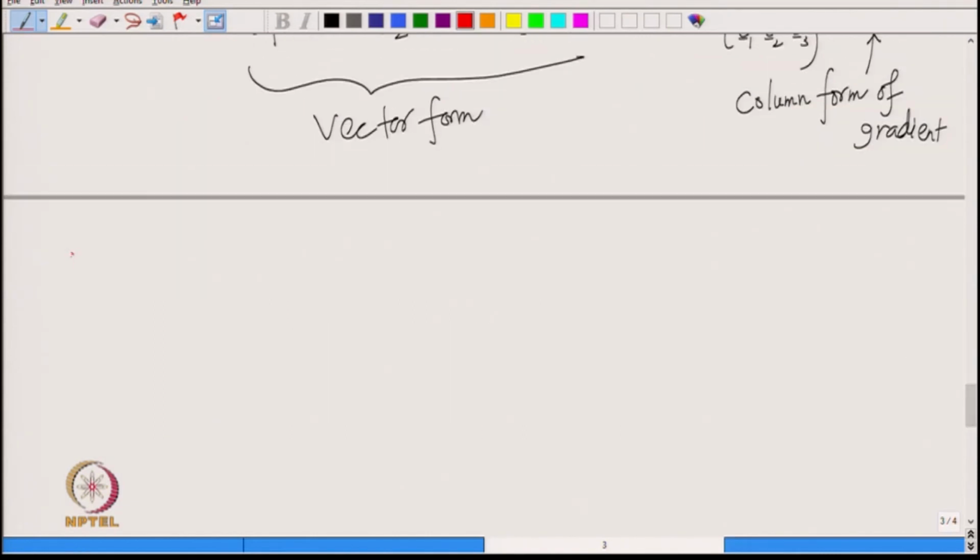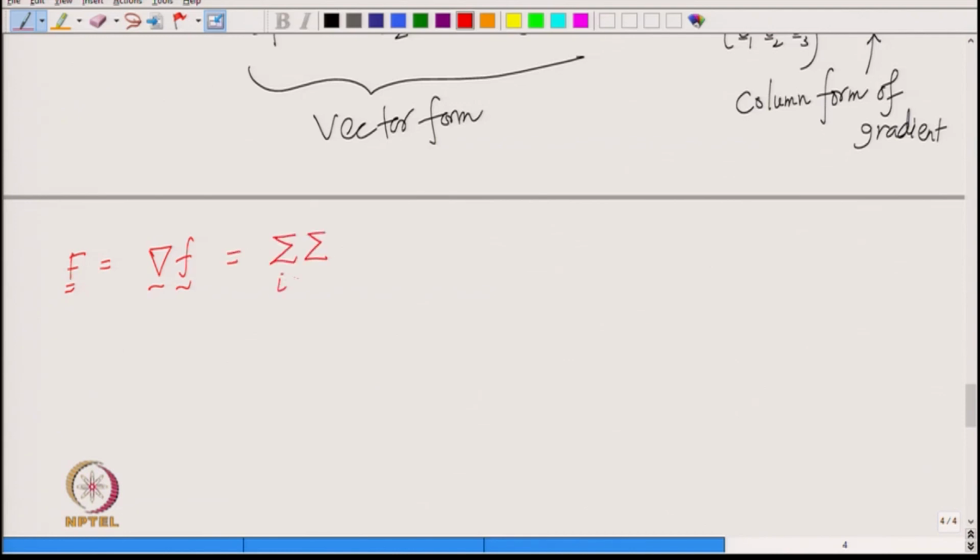You see this big F, which is gradient of a small f, we could also write this as summation over I j del f I over del x j of E I tensor product E j. Okay.